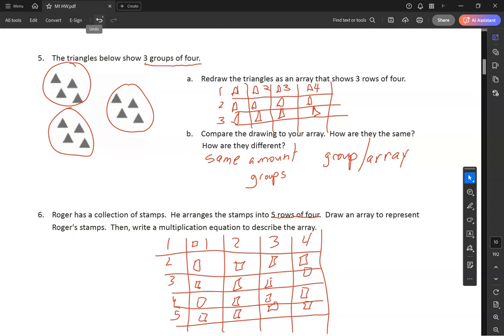Remember, if you label, you use the last number of your rows and the last number of how many in each row, and you're writing 5 times 4 equals 20. Now, if you want to count it, you can count by 4s, 4, 8, 12, 16, 20. Or if you want to count the columns, they have 5. You can do 5, 10, 15, 20. Either way, it comes out to 20.